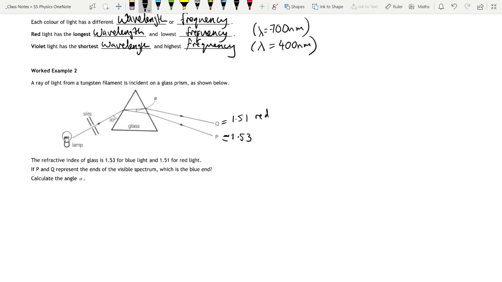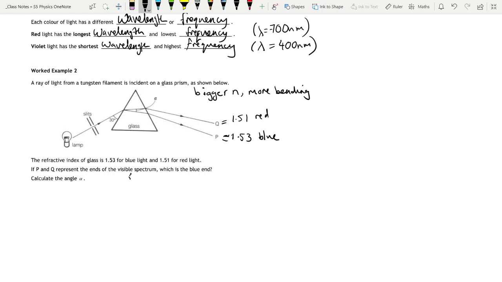That's just because the bigger the refractive index, the more bending. So we know that P is blue and Q is red, and we want to find now the angle alpha.